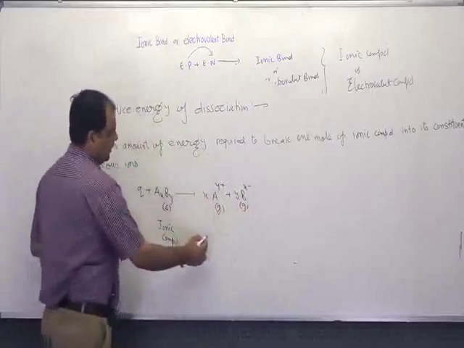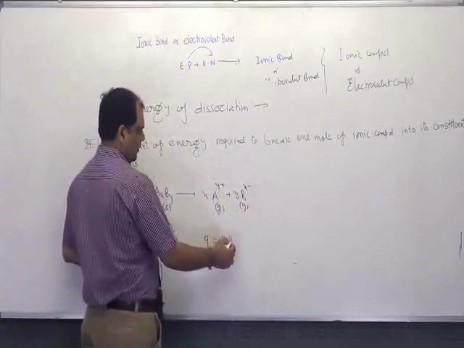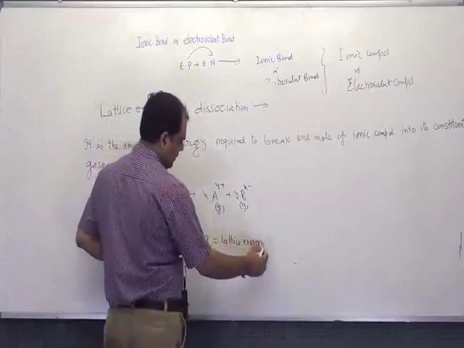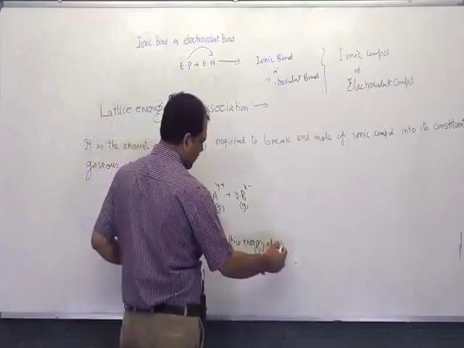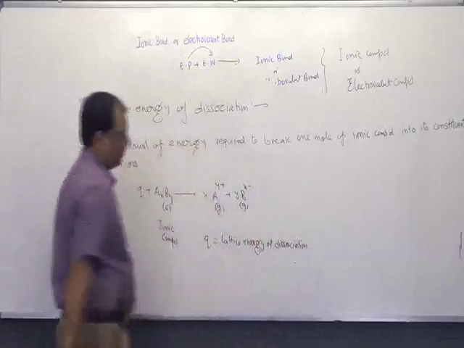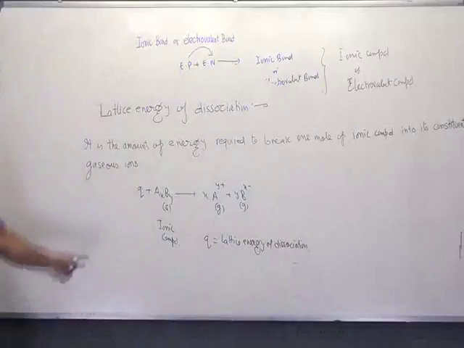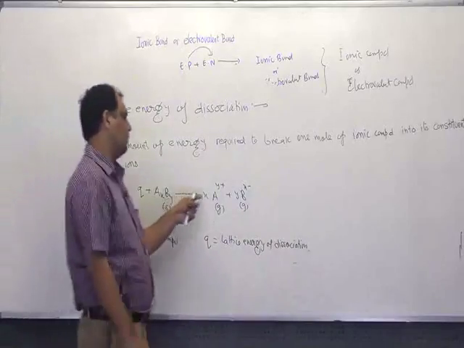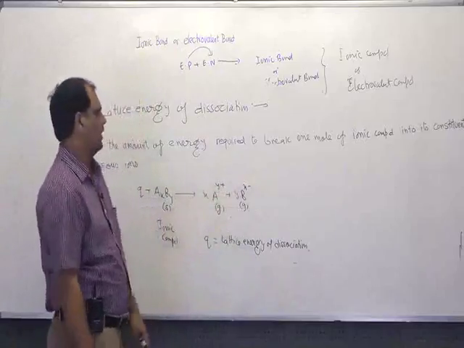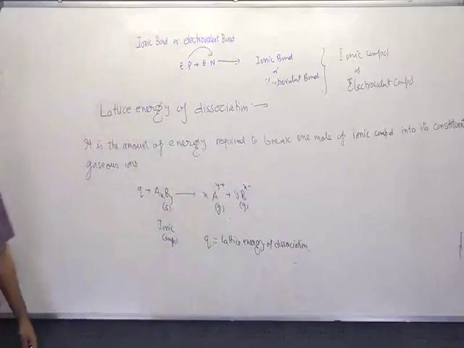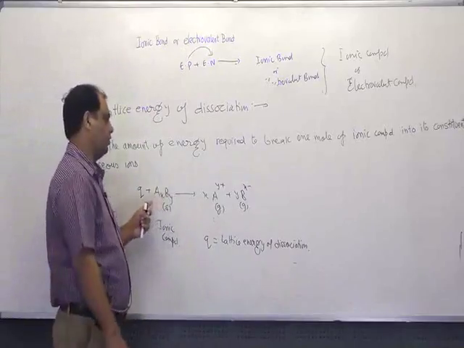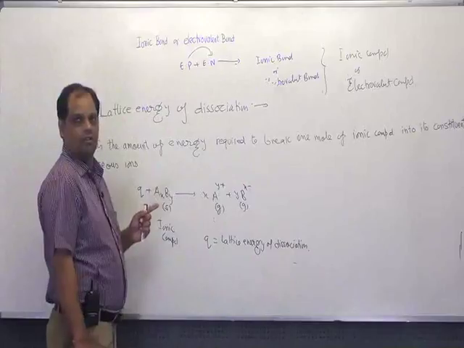This Q is referred to as lattice energy of dissociation. AxBy gives xA^y+ gas plus yB^x- gas. Reverse is called lattice energy of formation.